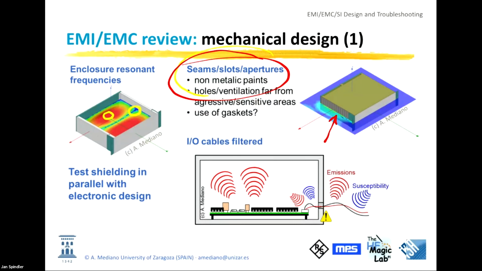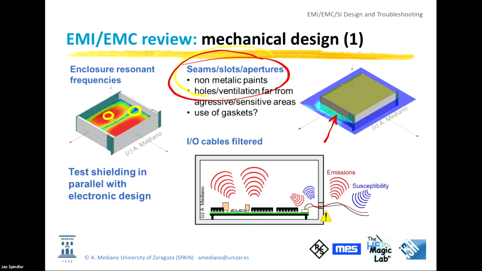Remember that sometimes it looks like the metal is making contact, but you have non-metallic paints, you have some kind of surface treatment that is non-conductive, no? Anodized aluminum or things like that, that you have the slot. So in this area, perhaps you need to connect some kind of fixed screws, or you can introduce some gasket. I don't know. There is a lot of possibilities, but this is the first thing to consider.